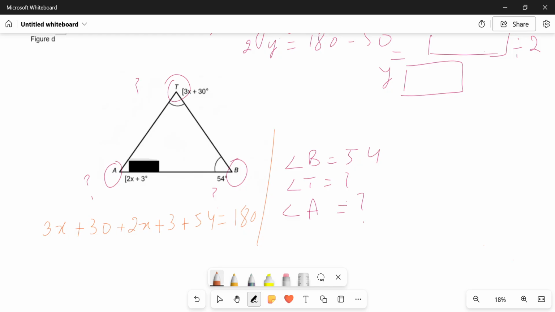So when we add, 3x plus 2x gives us 5x, plus 54 plus 30 is 84, and 84 plus 3 is 87.